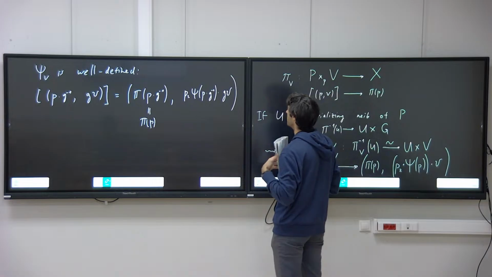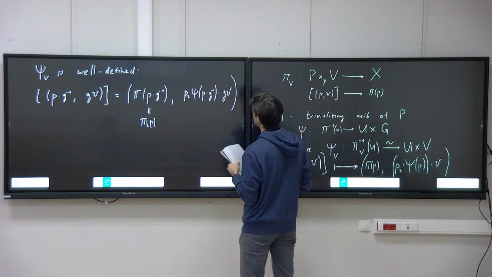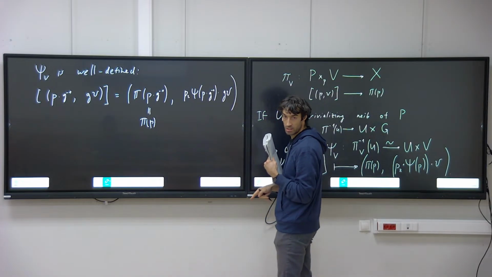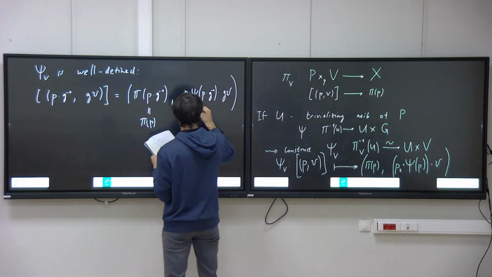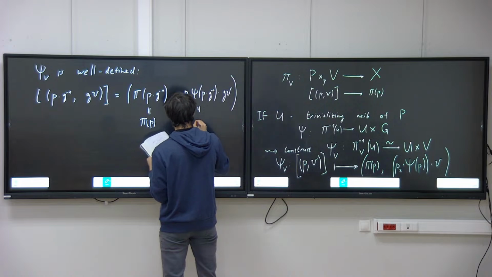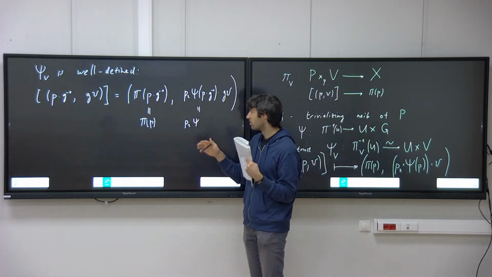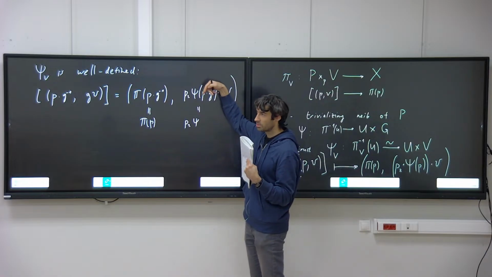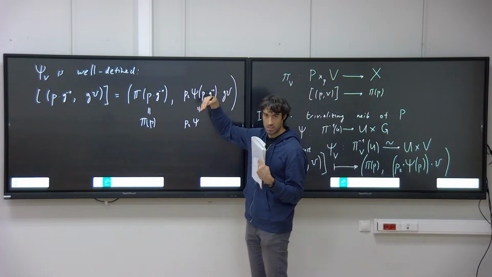For this other part, we need to use equivariance of psi, which says that psi commutes with the right action on the fiber. Psi intertwines the right action on the fiber and the right action of a group on itself.